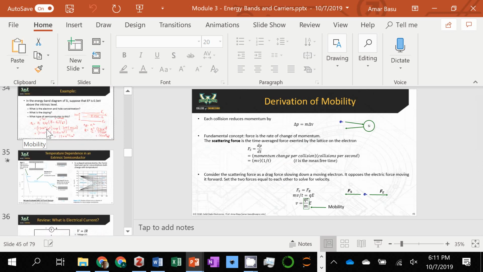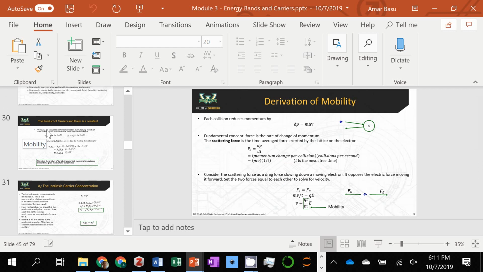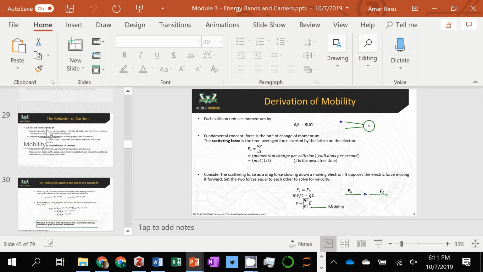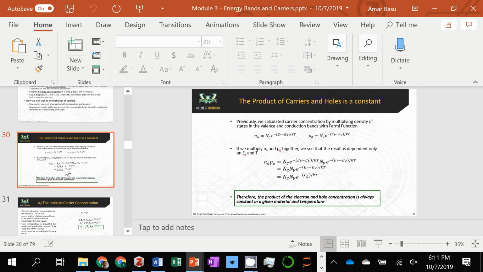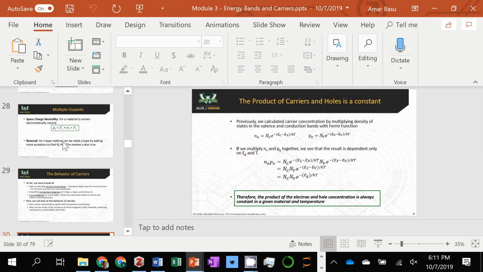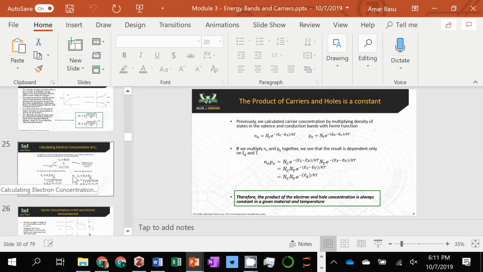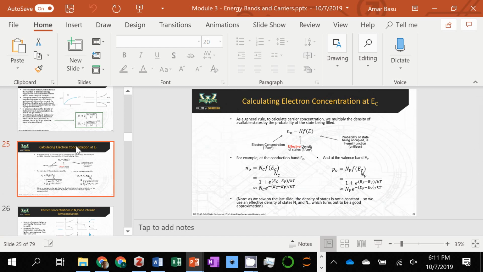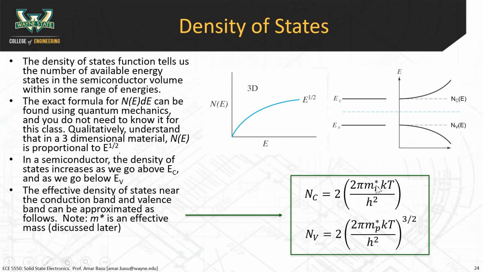Going back even further, when we started talking about density of states, I also mentioned, hey, there's this mn star here, mp star here.